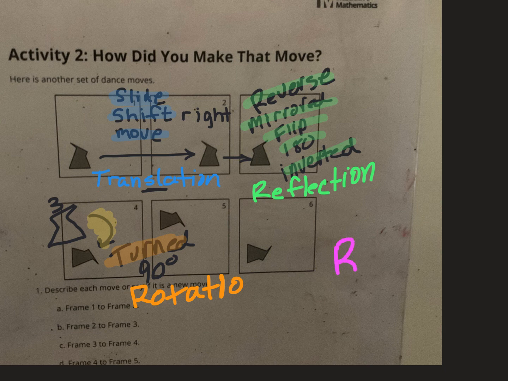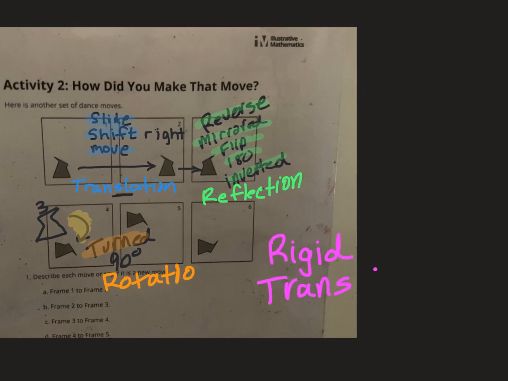These are what we call rigid transformations. So transformation is the word for all the different ways you can move a shape. So translation, reflection, and rotation are all transformations. They're all types of transformations. And they're rigid because they don't change the size or the actual shape. So this is our big idea behind this activity.